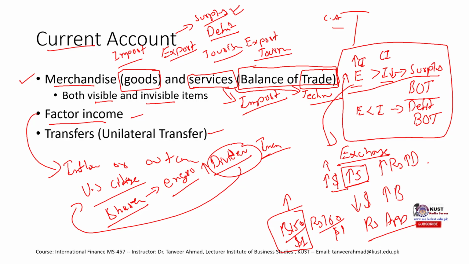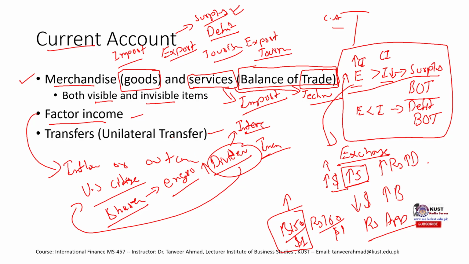Now these kinds of aspects, for example dividend or interest, are recorded in the factor income part. So the second component of the current account is factor income, which represents the income, that is the interest or dividend payment received by investors on foreign investment in financial assets, say for example stocks and bonds.